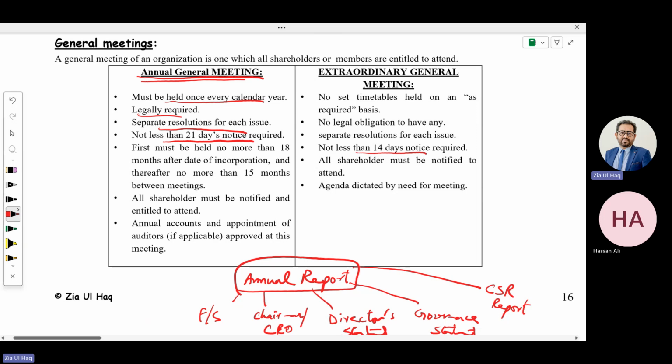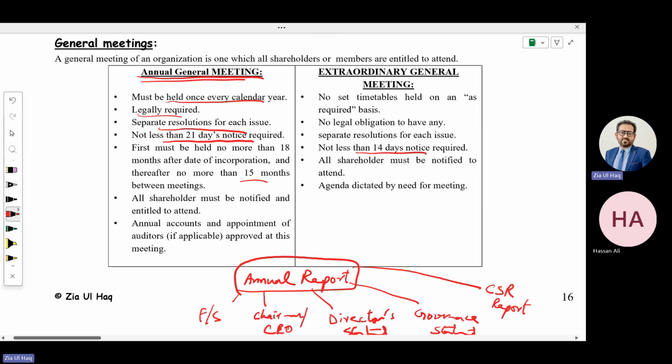And the company needs to conduct an AGM once in a year. And the gap between one AGM and the next AGM should not be more than 15 months. It's not necessary that if this year you conducted the AGM in March, the next should be in March. No, it could be in March, April, May, but the gap should not be more than 15 months.